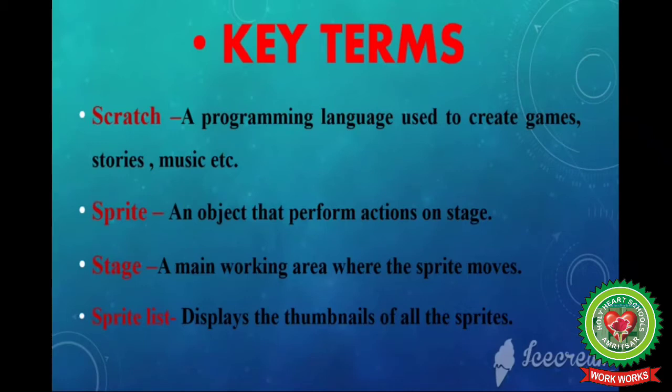Third one is stage. Stage is the main working area where the sprite moves. Fourth key term is sprite list. Sprite list displays the thumbnails of all the sprites.